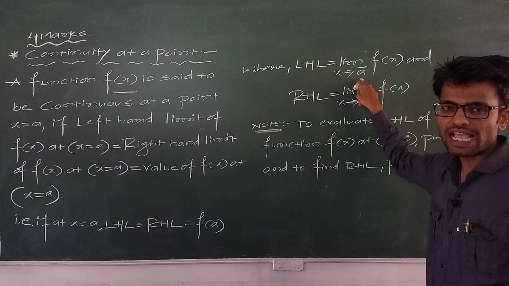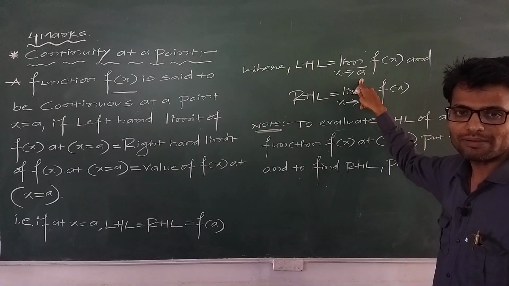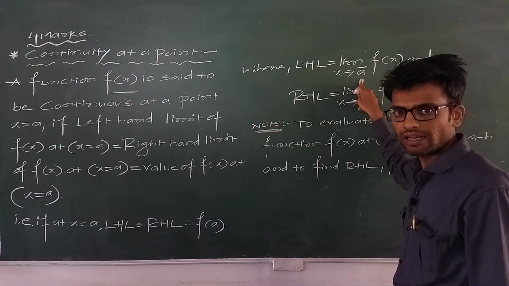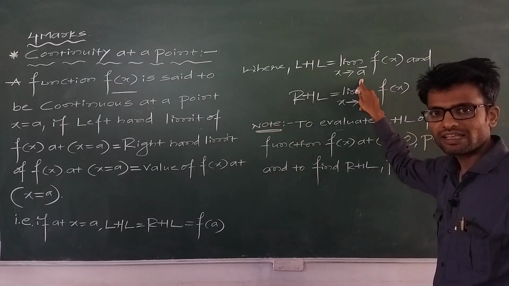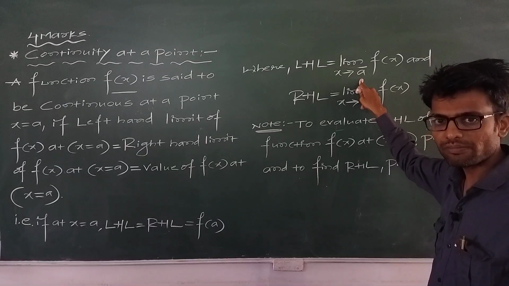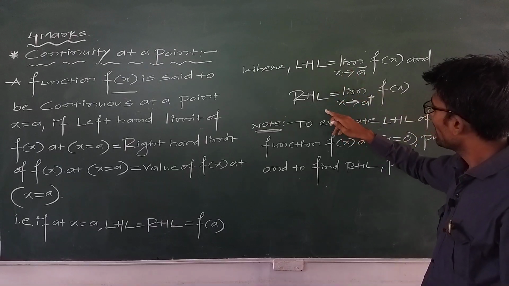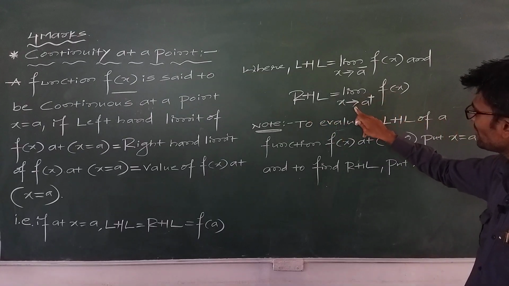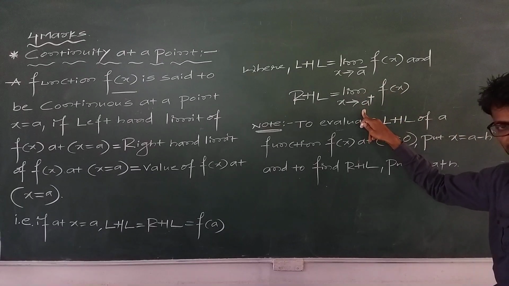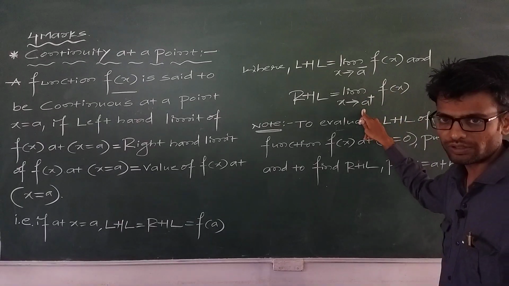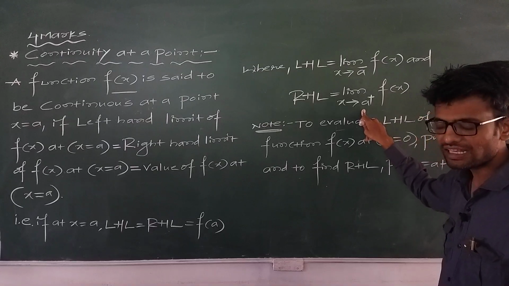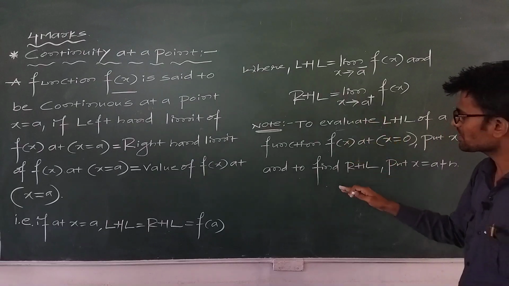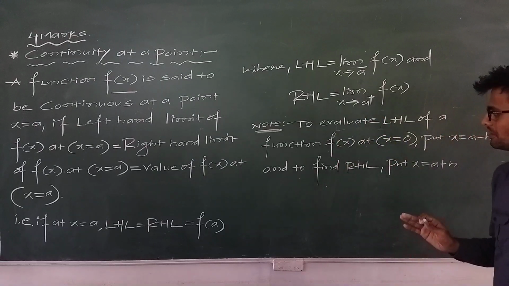This a minus tells that you take the value of the function f of x on the left of x equal to a, and the right hand limit is limit of x tends to a plus f of x. This a plus indicates that you take the value of f of x on the right of x equal to a.